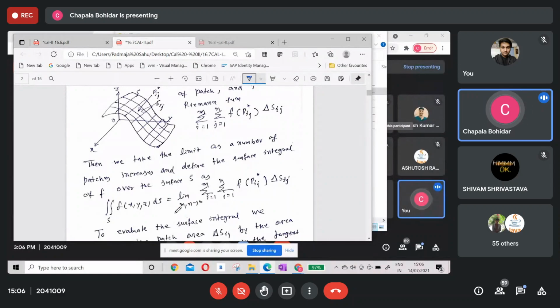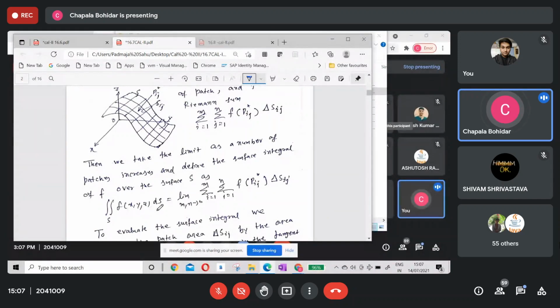As you already know, in the curve case, x, y and z are functions of only the parameter t, and we write f of r(t) times the absolute value of r dash t, dt.